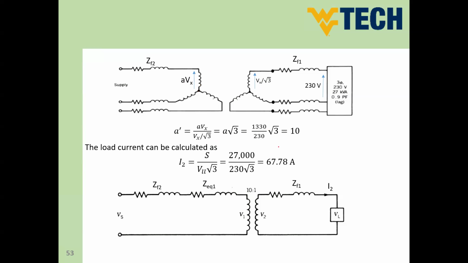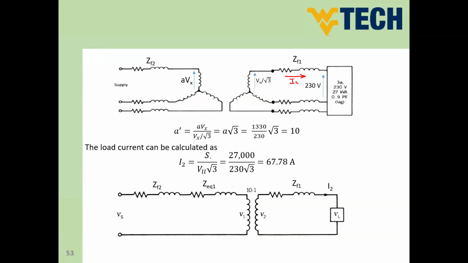So we can start our calculation now from the load side. We can say I2 is the current flowing to our load here. It equals S divided by V line to line times root 3.